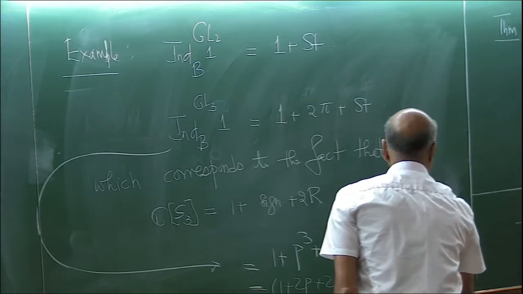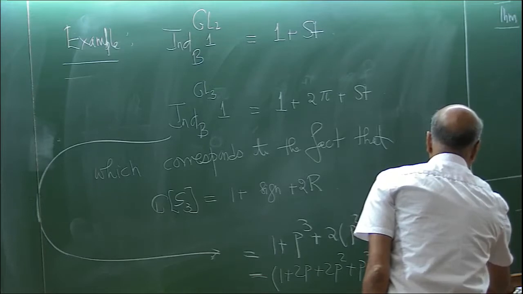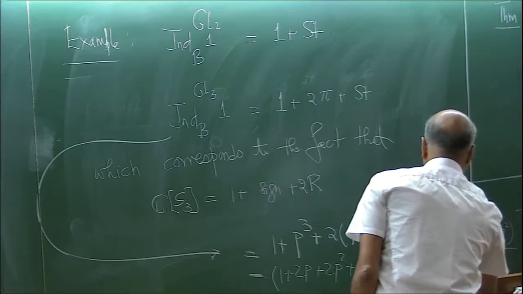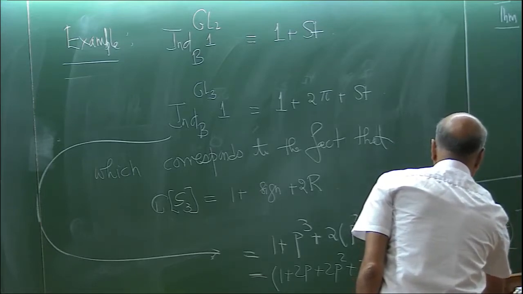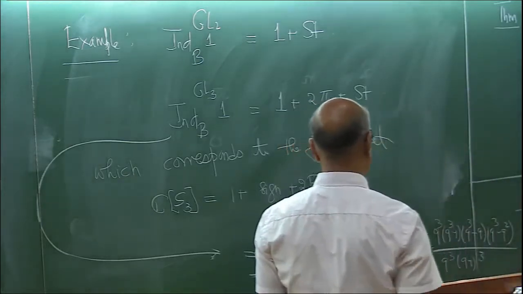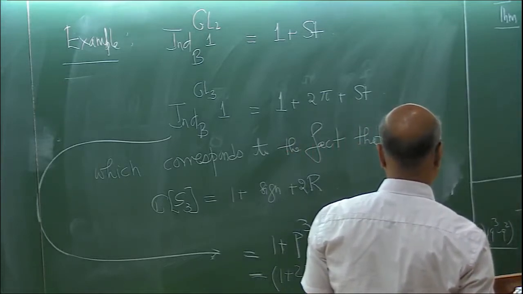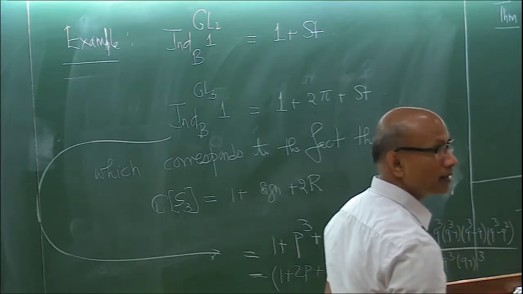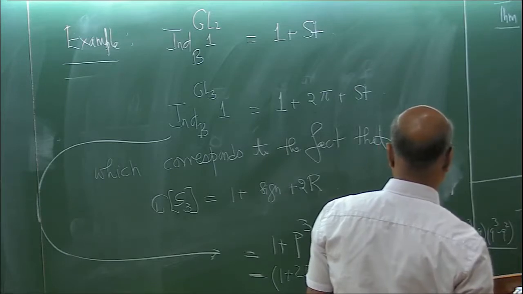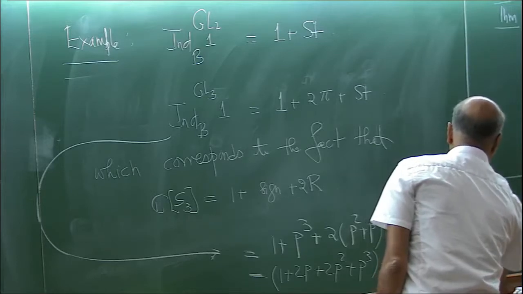And this order of GL3 is Q cube into Q cube minus 1, Q cube minus Q, Q cube minus Q square, upon Q cube, Q minus 1 cube. I hope, so okay, there is a P and there is a Q, but I hope it will work out. This goes away, and this has degree 9, this has degree 3, 6.